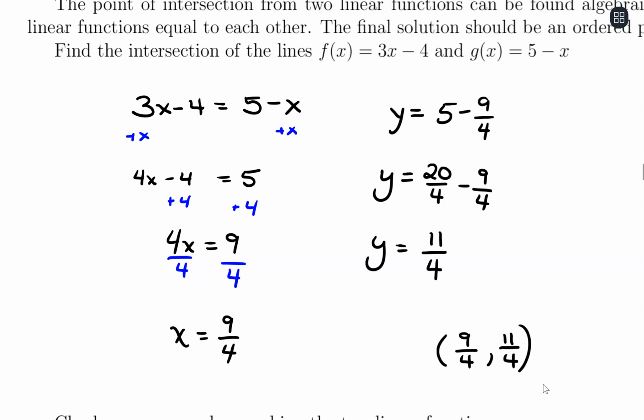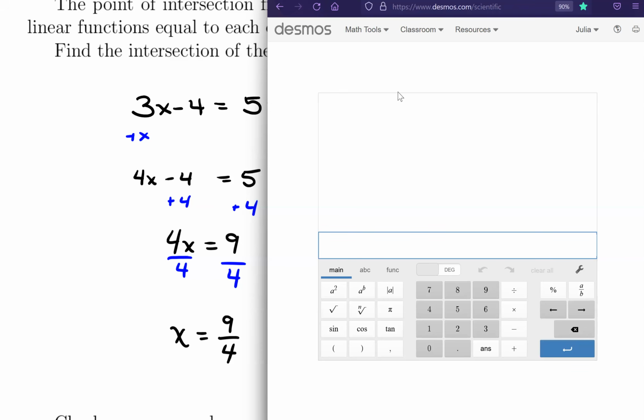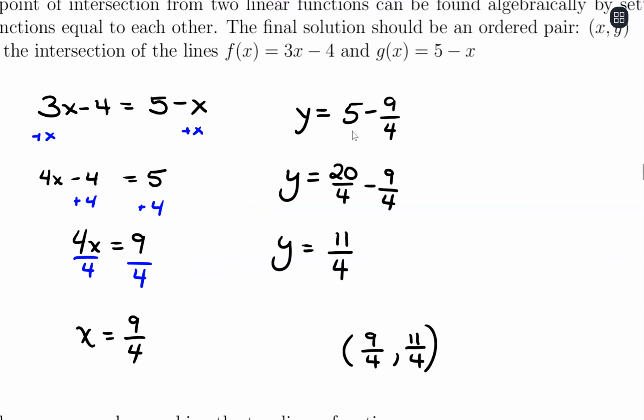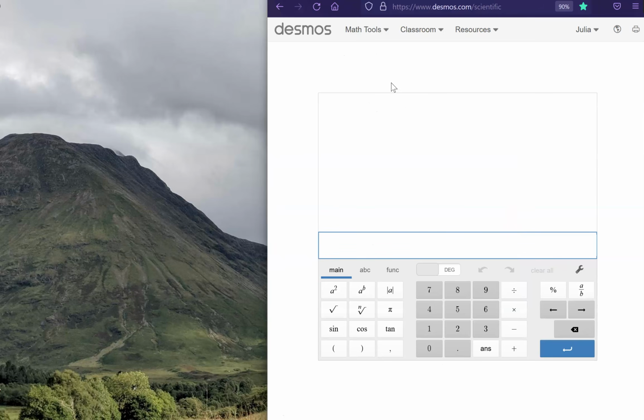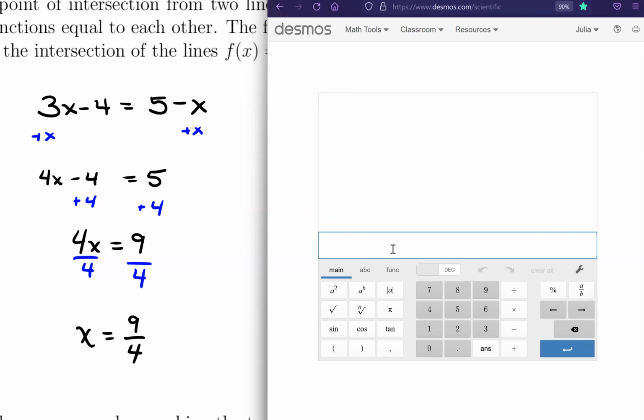If we wanted to double check that, we could plug it into both equations. So let's do that with our scientific calculator real quick. So going to 3x minus 4 and 5 minus x. So 3x minus 4, so 3 times 9/4 minus 4.